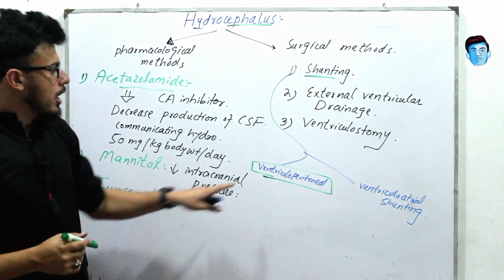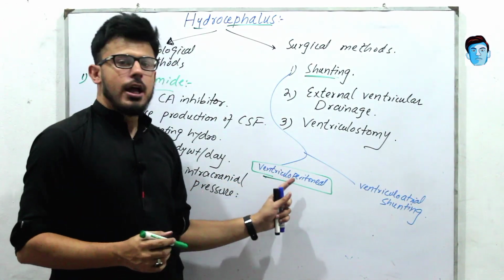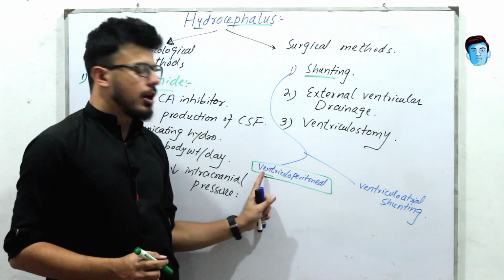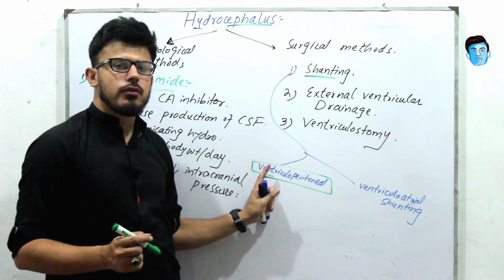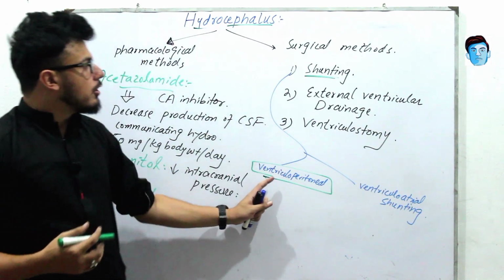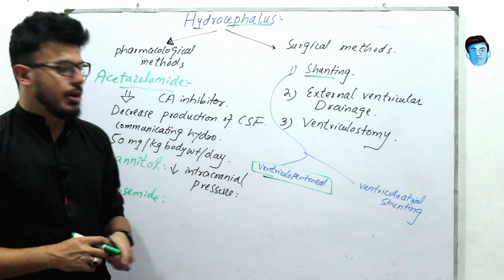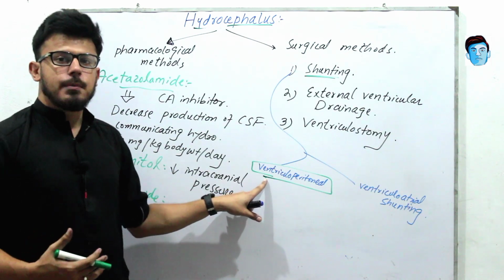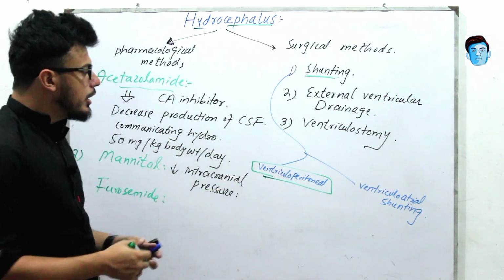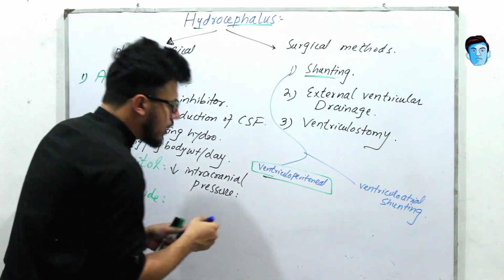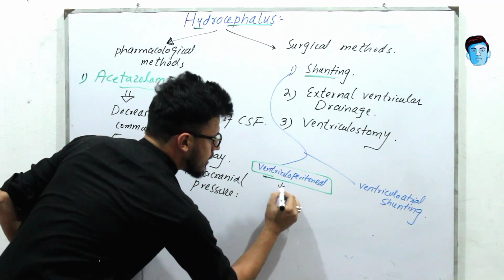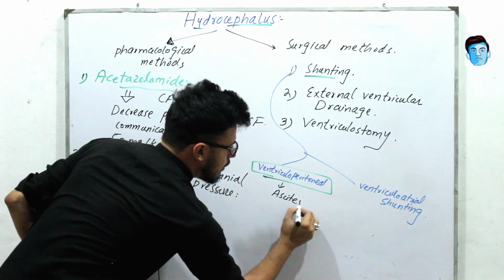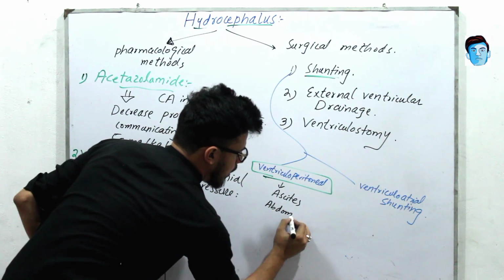In ventriculoperitoneal shunting, one side of the shunt is placed in the lateral ventricle, while the other side is placed within the peritoneal cavity. But though it is the most common type, it leads to certain complications. It leads to ascites, and also to abdominal pain.